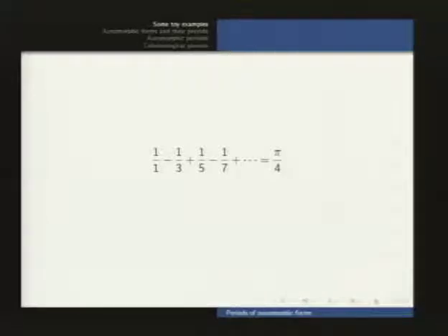This series is very easy to check for yourself because it's the Taylor series of the arctangent, evaluated at 1. Maybe not so well known is that there are corresponding formulas for odd powers. If you put in the same series but with odd powers, you can again express them as the same power of pi times a rational number.